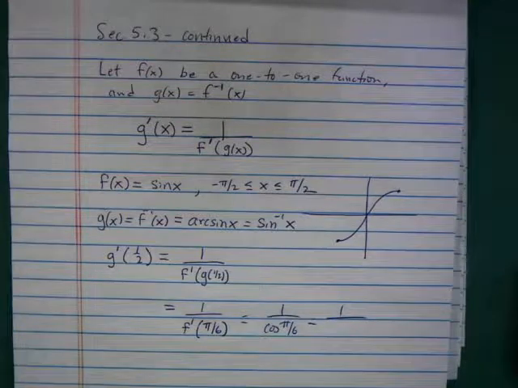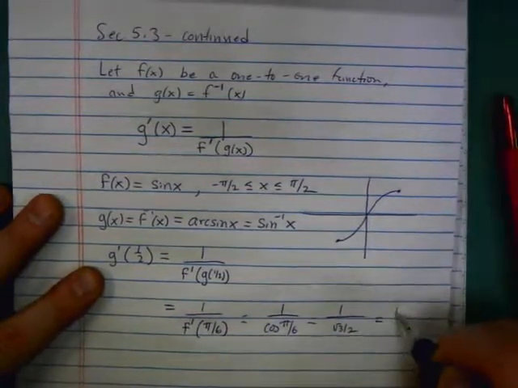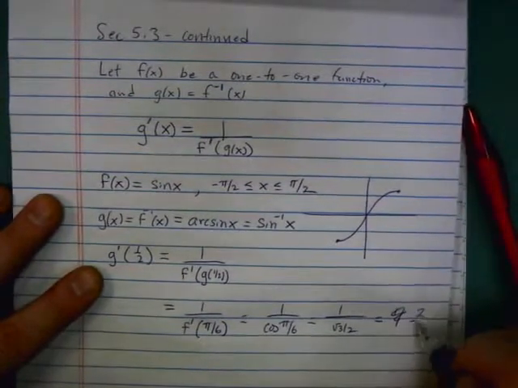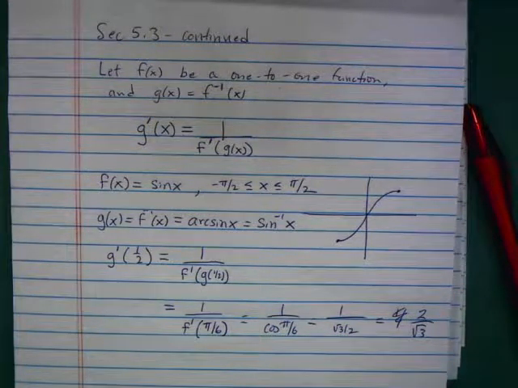No, that's the sine of pi over 6. Cosine of pi over 6 is the other one, root 3 over 2. So I could flip and multiply and write my answer as 2 over root 3. Questions on that one?